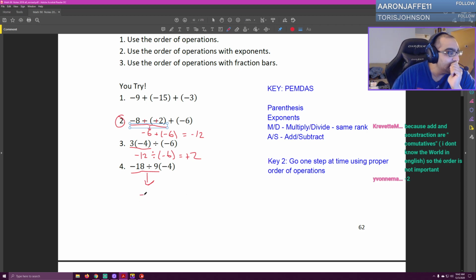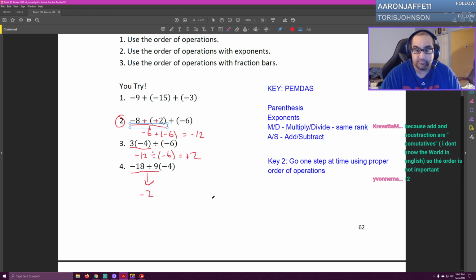Negative 2. Okay, negative 2, we get 18 divided by 9. Again, we have a negative divided by a positive, so that's negative 2.